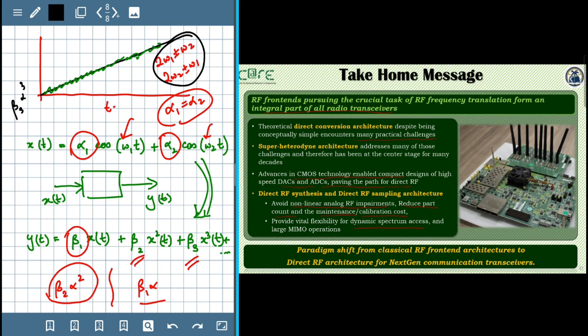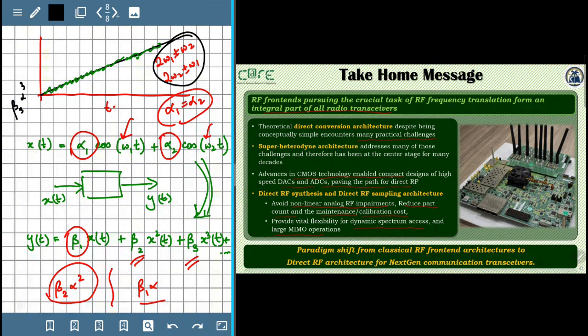And because of the compactness, they are also suitable for large MIMO operations. So basically, we are witnessing a paradigm shift from the classical RF frontend architectures to the direct RF architecture for next generation communication transceivers.